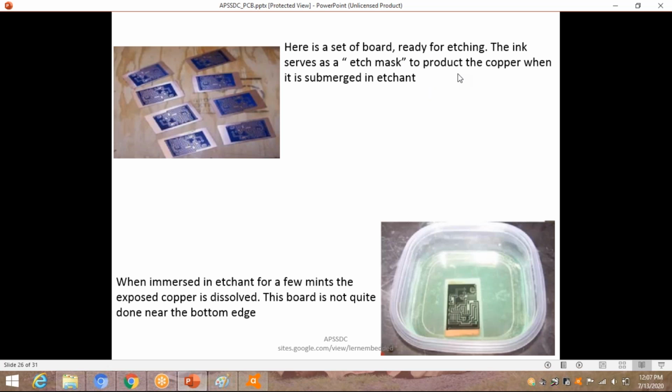This is not product, it is protect. To protect the copper, the ink plays as an etchant mask. Is it clear, guys?